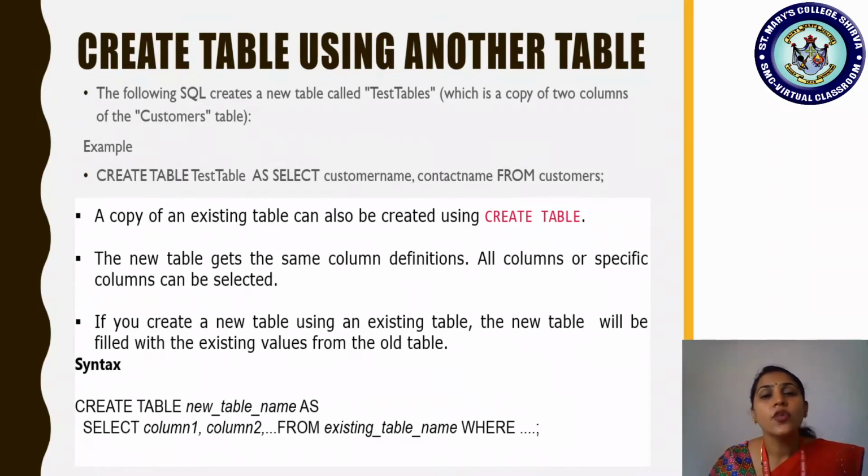Whatever the 5 customer names and 5 contact names were, those values are also copied to that test table. So this is the way of creating a new table using another table, and that other table should already exist in the database.